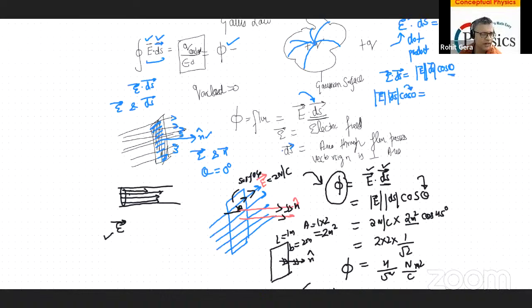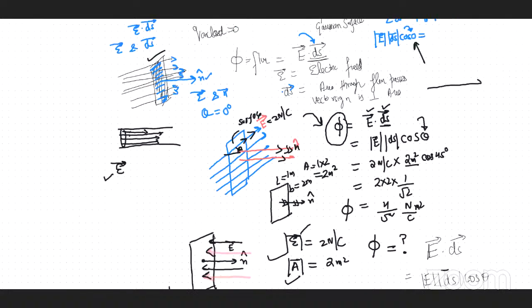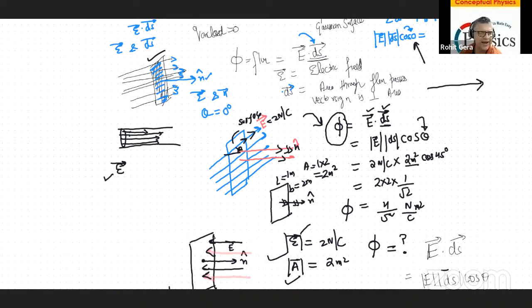This one, I took theta to be 0, because the normal, which shows the area vector perpendicular to the area, and the electric field were in the same direction. Any two vectors which are parallel to each other, the angle between them is 0 degrees.